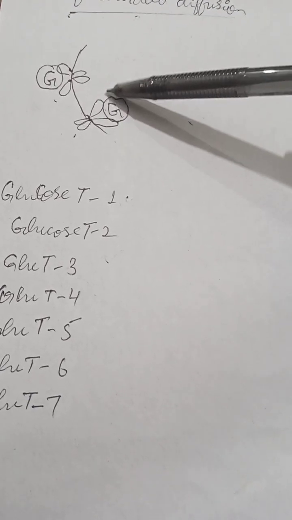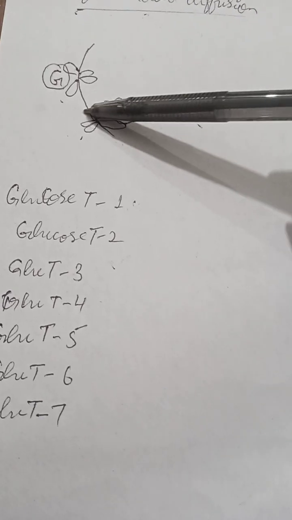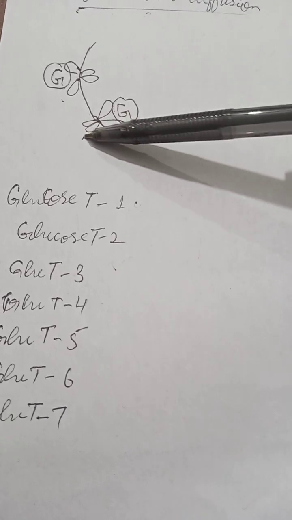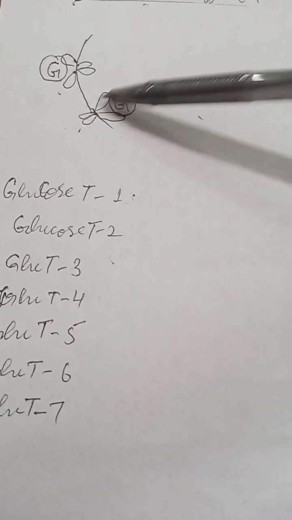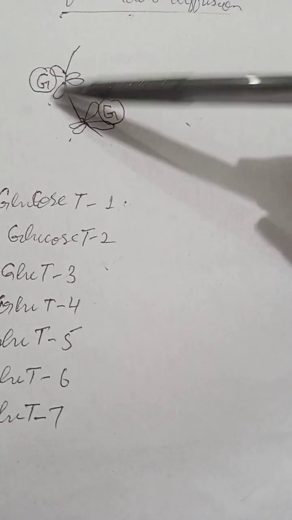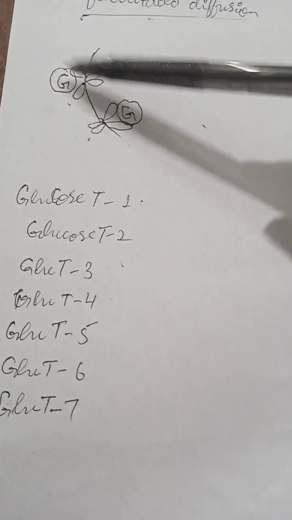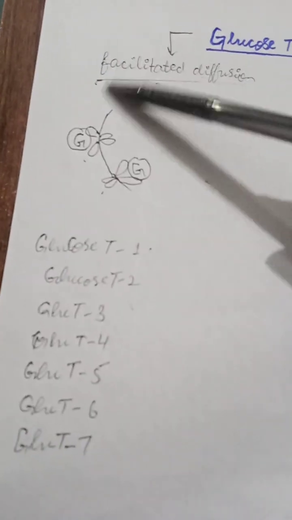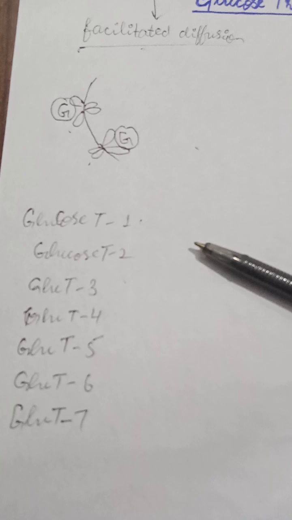When it comes inside, the outside part of the transporter becomes closed and the inside becomes open, and that way it actually takes in the glucose. This is the simple mechanism of facilitated diffusion.